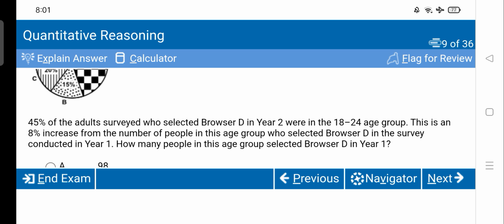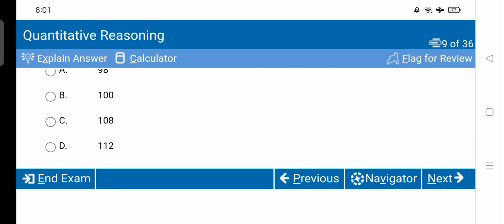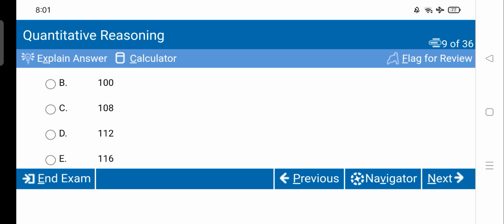How many people in this age group selected browser D in year 1? Option A, 98. Option B, 100. Option C, 108. Option D, 112. Option E, 116.